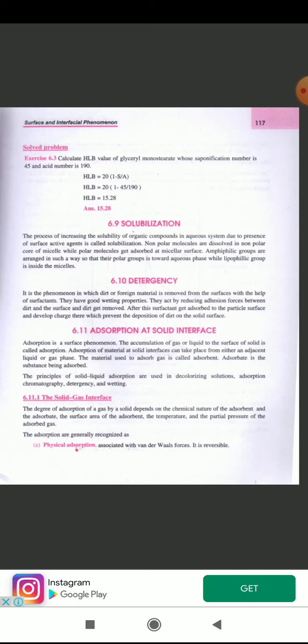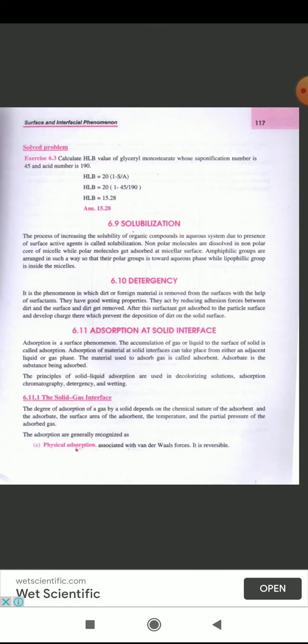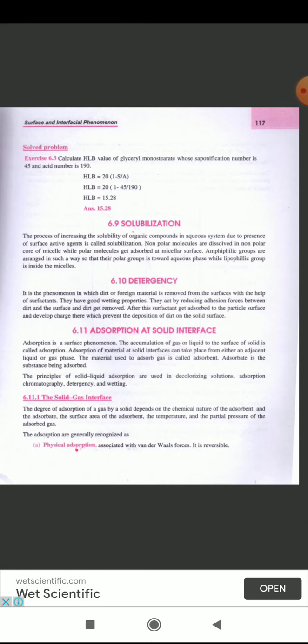And next is detergency. It is the phenomenon in which the dirt or foreign material, we have seen it in a single line in the previous session. Okay, they have given it in a clear description here. They have good wetting properties. They act by reducing the adhesive forces between dirt and surface. Say for example, our washing powders or detergent cakes, nothing but like our Nirma soaps and all, they will be removing the dirt from our clothes.